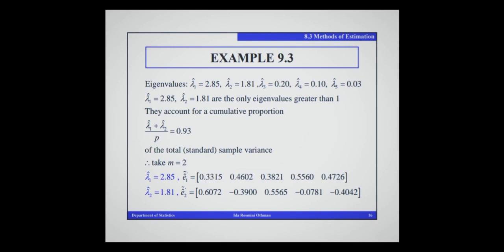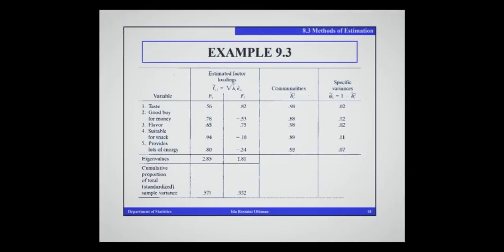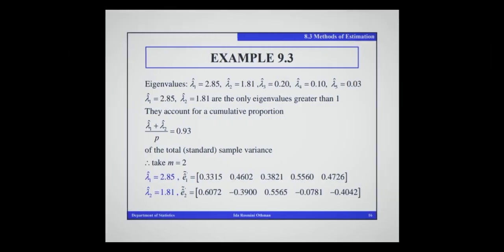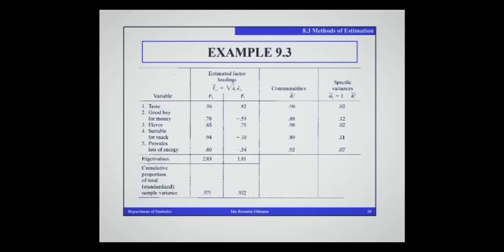So square root of 2.85 multiply 0.3315. Ini untuk variable pertama, untuk first factor. Okay. Dan macam mana dapat pula 0.78? Second variable, first factor. So square root of 2.85 multiply 0.4602. You akan dapat the factor loading.